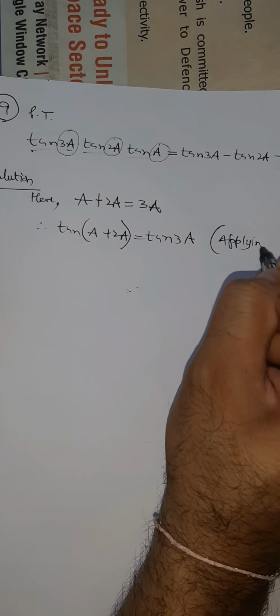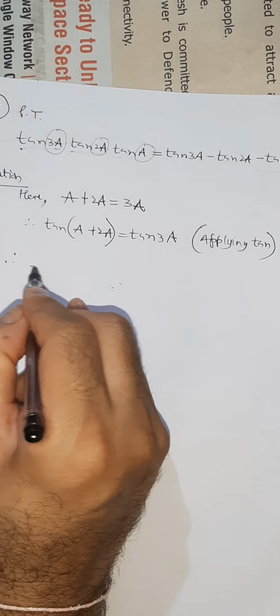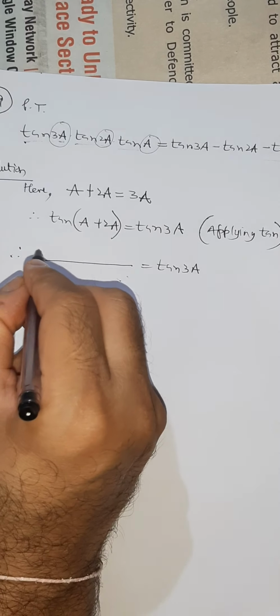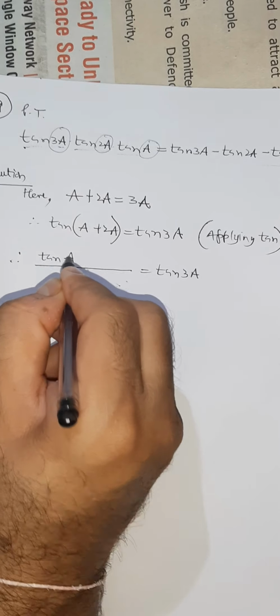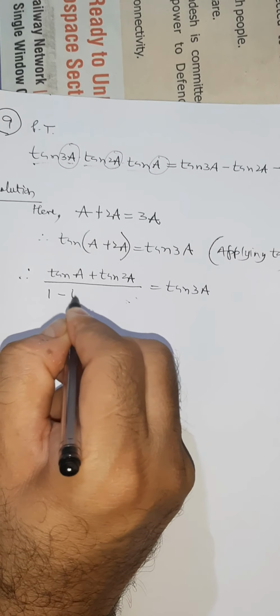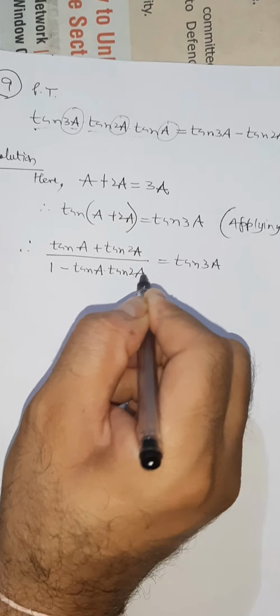Now on the left hand side you can see the addition formula, and tan 3a as it is. The left hand side is tan a plus tan 2a upon 1 minus tan a into tan 2a. This is tan of x plus y.